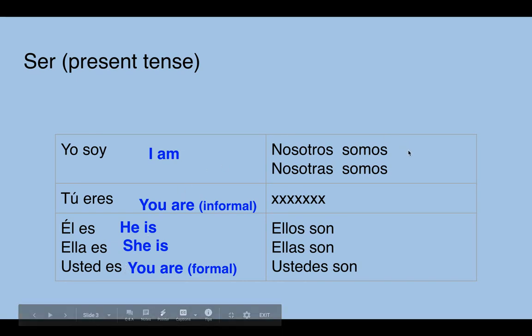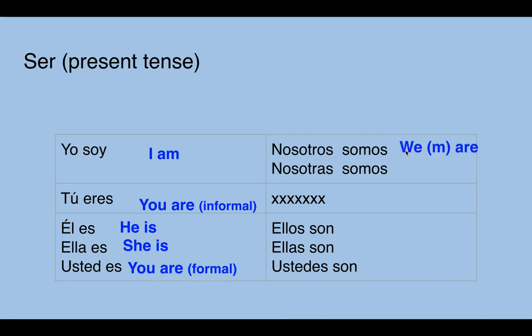Then we move over to the plural side. We have nosotros somos, we are, and the M stands for masculine and mixed gender groups. And so if it's all guys, or if it's a mixture of guys and girls, you use nosotros. Nosotras somos also means we are, but if it's only a group of girls. Where the X's are is where vosotros would be.